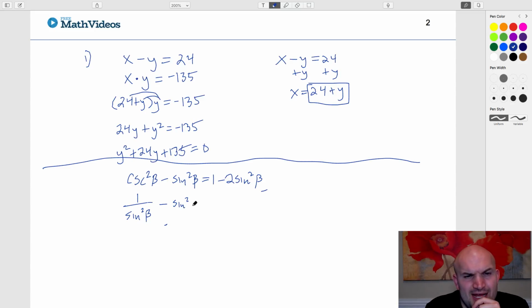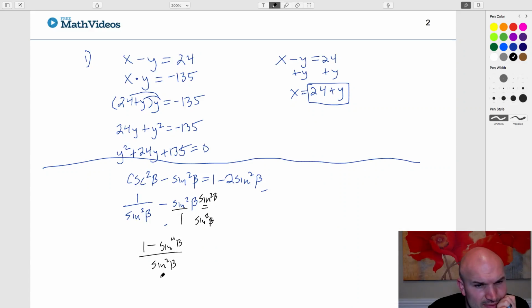Okay, let's try adding them and see what happens. So I'd multiply by sine squared of beta on the top and the bottom. That's going to give me 1 minus sine to the 4th of beta over sine squared of beta. And that's supposed to give me my 1.